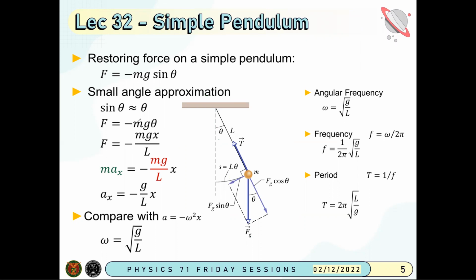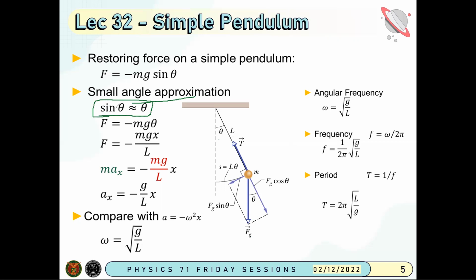Okay? So, magiging simple harmonic motion na si simple pendulum. Tapos yung application yan ng small angle approximation is just this. Sin theta is approximately theta. So, pwede yung i-try sa calculator nyo at very, very small angles. This is true.